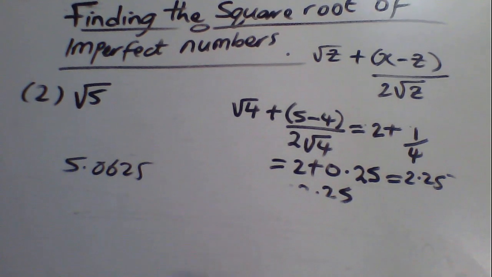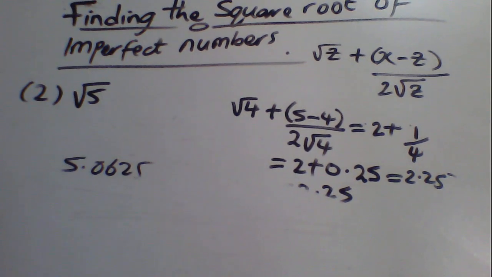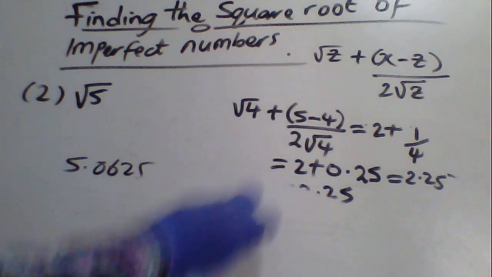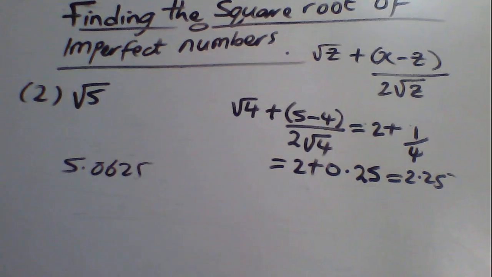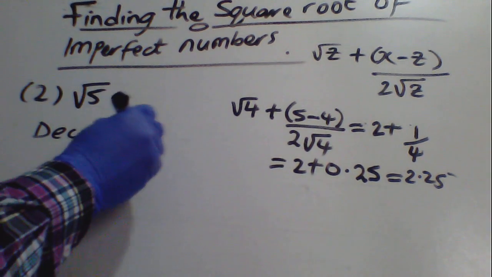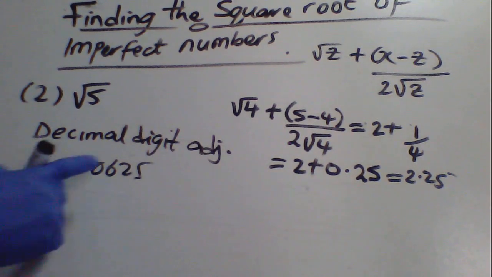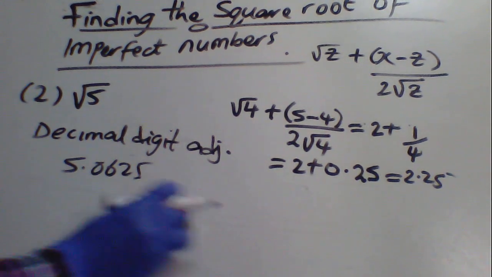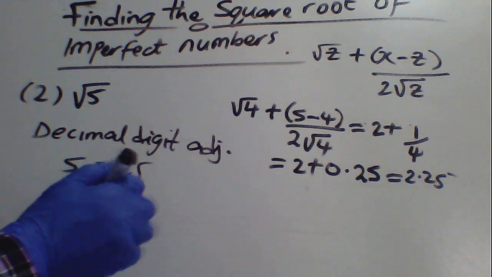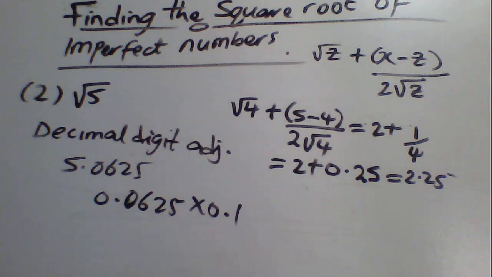So let's perform a decimal digit adjustment. So from here, all you need to do is to take the decimal part of the result, 0.0625, and multiply by 0.1.